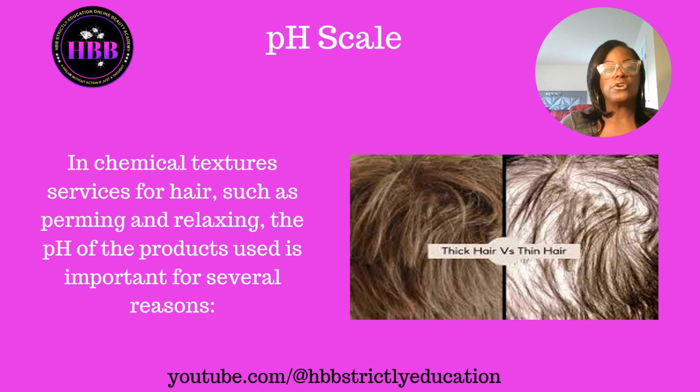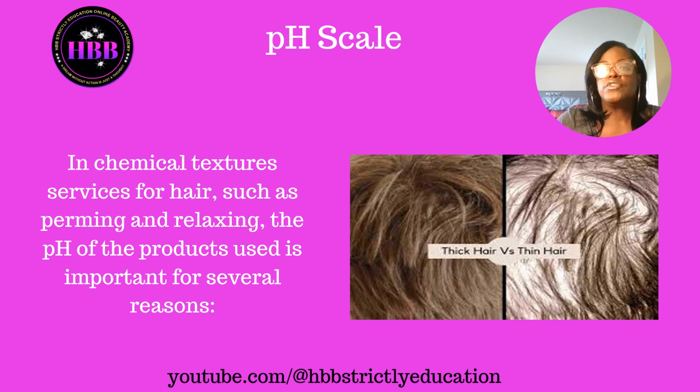And in chemical texture services for hair, such as perming and relaxing, the pH of the product used is important for several reasons. The pH of the product can affect the speed of the chemical reaction on the hair. Different textures may have a different response to changes in pH, and that's why it's important that we understand the texture of the hair, because this can all affect the outcome of the service.